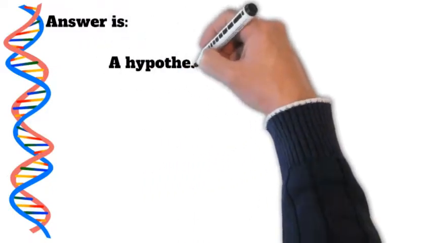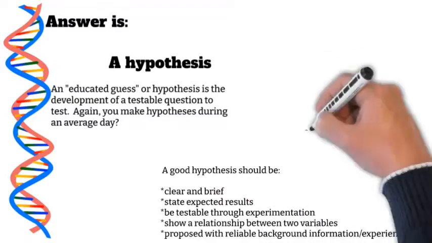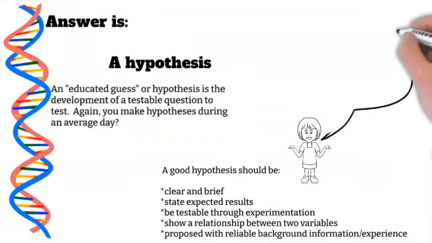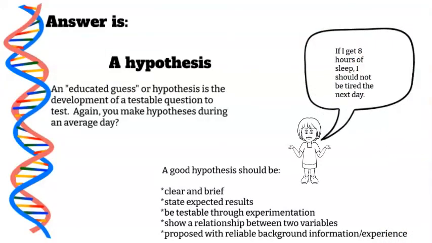Time's up. The answer is a hypothesis. An educated guess or hypothesis is the development of a question that can be tested. Again, you make hypotheses during an average day.